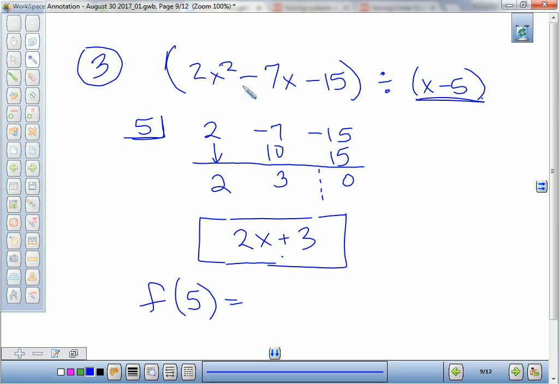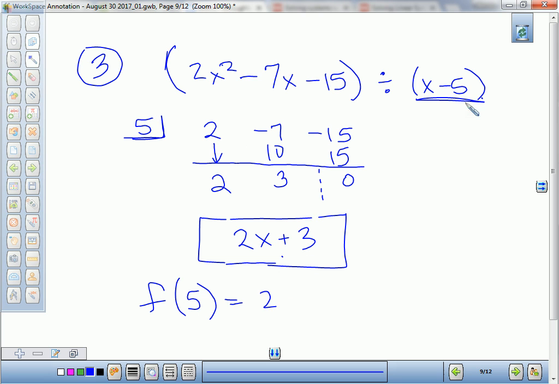So if you plug in 5 for x, you'd get out 0 for y, if we thought about this in terms of a function. Now, that is kind of a shortcut way to decide if something is a factor. Is x minus 5 a factor?